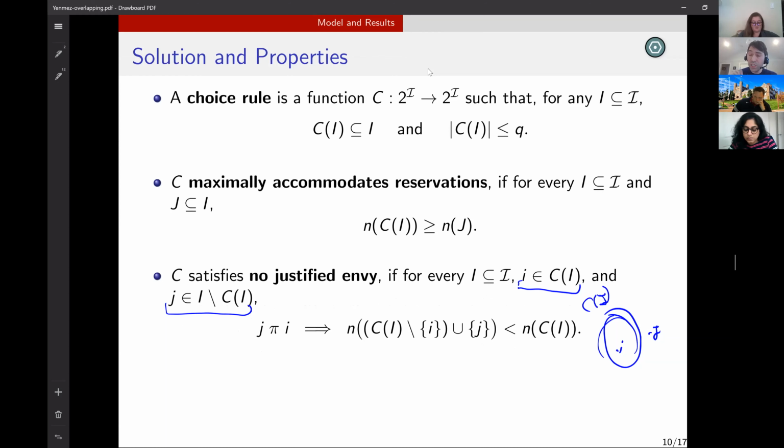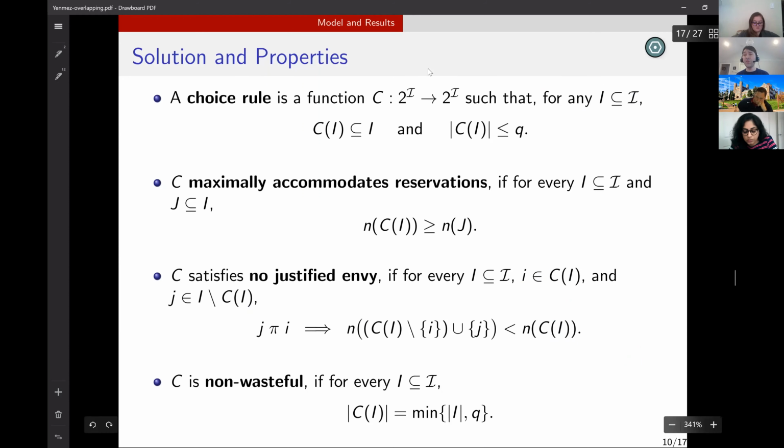To have no justified envy, it must be the case that the number of reserved positions that can be filled by removing i and adding j goes down by 1 compared to the number of reserved positions that can be filled by the set of individuals chosen, which is C(I), right? If a lower merit score individual is chosen rather than a higher merit score individual who is rejected, it must be because of the affirmative action policies.